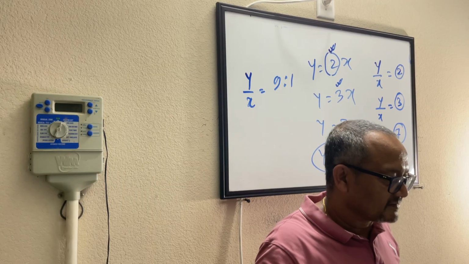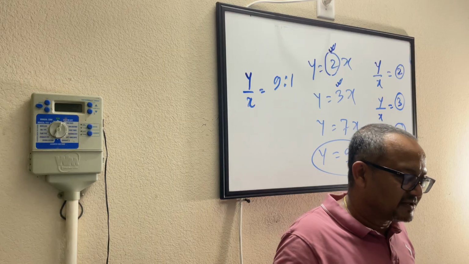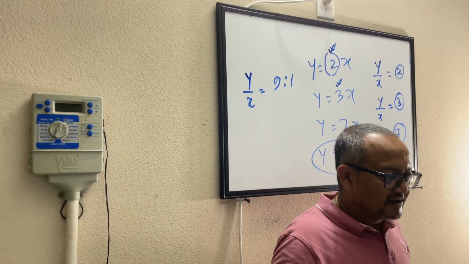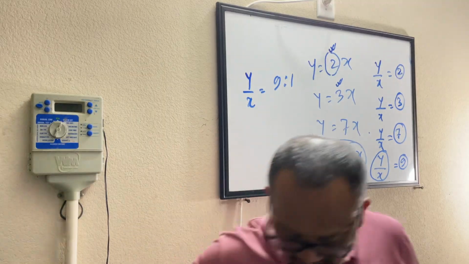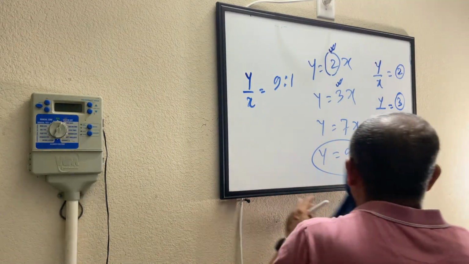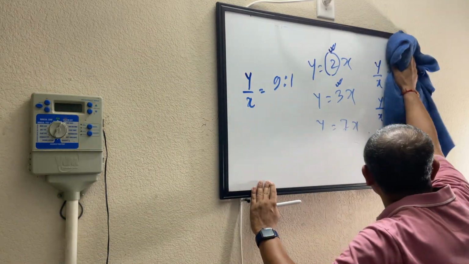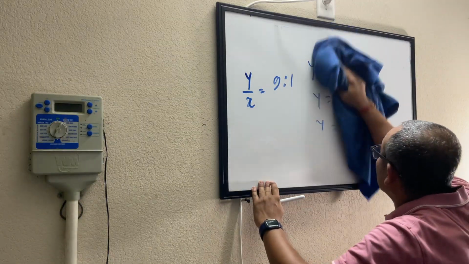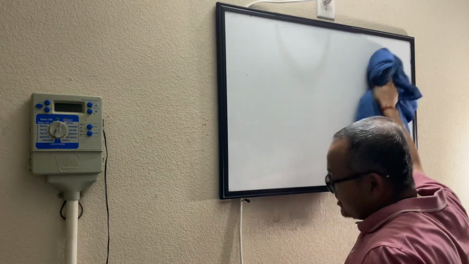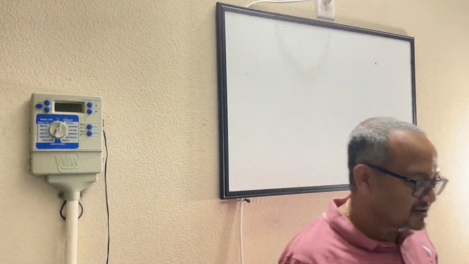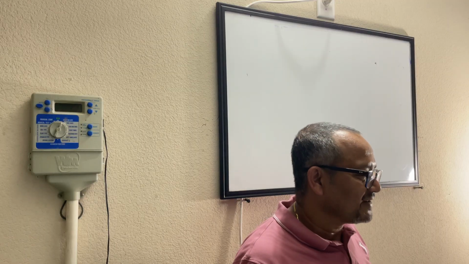Okay, let's see what Tansi says. The constant of proportionality tells you how much more it goes with every single point. Like from 2, 3 it'll go to. And what is that called? Slope of the line. Yeah, slope.